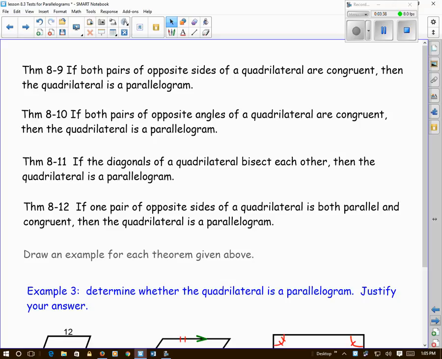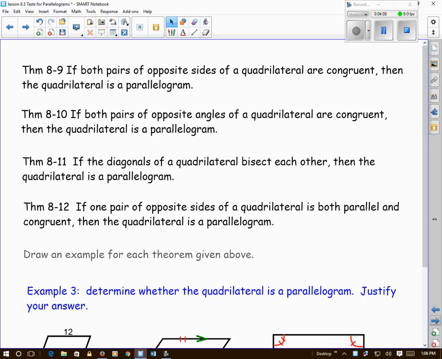Theorem 8-11, we know that the diagonals of a parallelogram bisect each other. So does the converse work? If we have a quadrilateral and the diagonals bisect each other, then that has to be a parallelogram. And theorem 8-12, if one pair of opposite sides are both parallel and congruent, then it's a parallelogram.